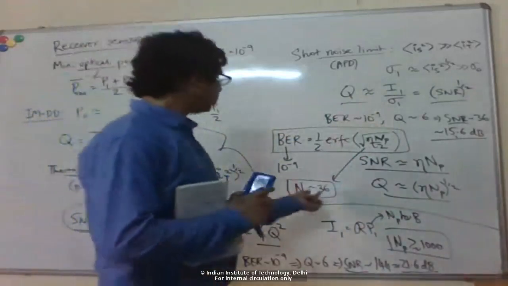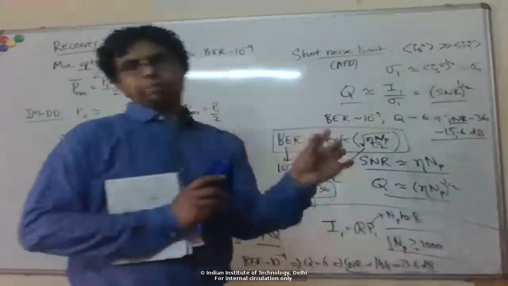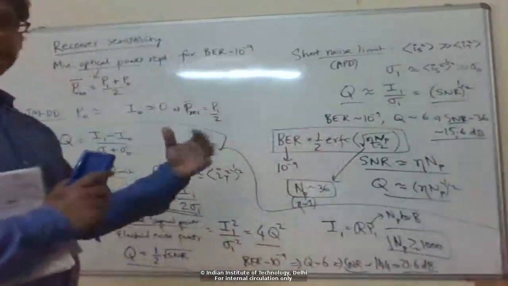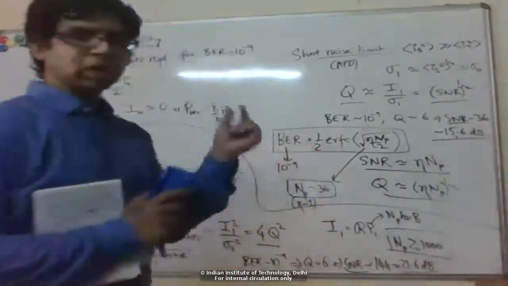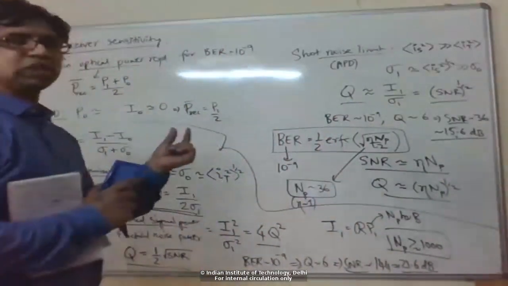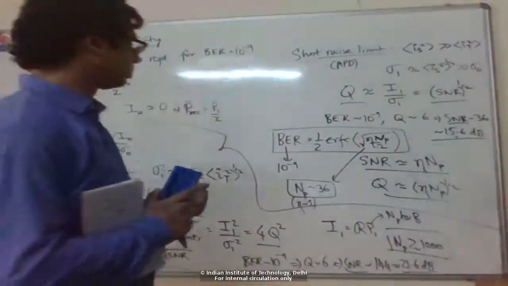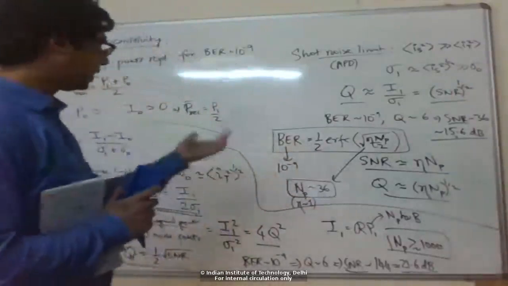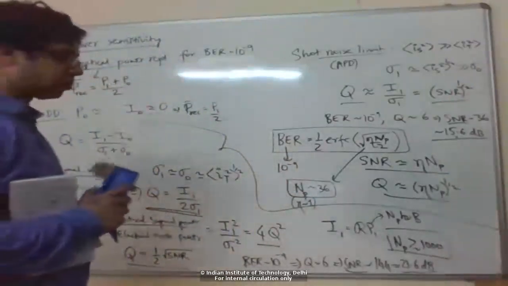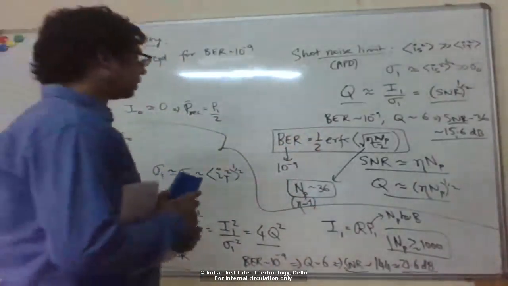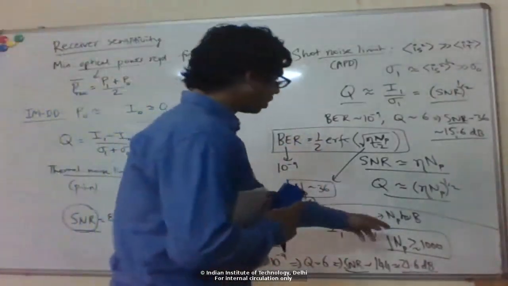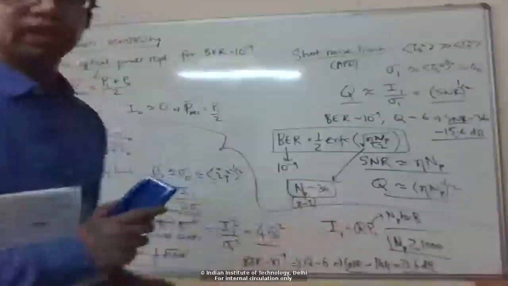So for a given number of photons per bit, as I increase my bit rate, that means I need the same number of photons in a smaller time period, which means my optical power has to go up. So that scaling still holds, where I need higher optical power for higher data rates. It's just that if we look at it in terms of photon numbers per bit, that is independent of the data rate.